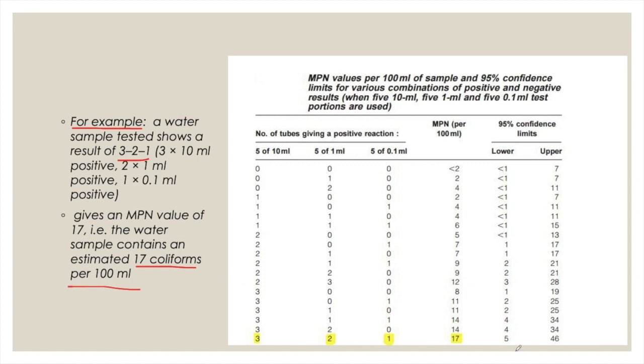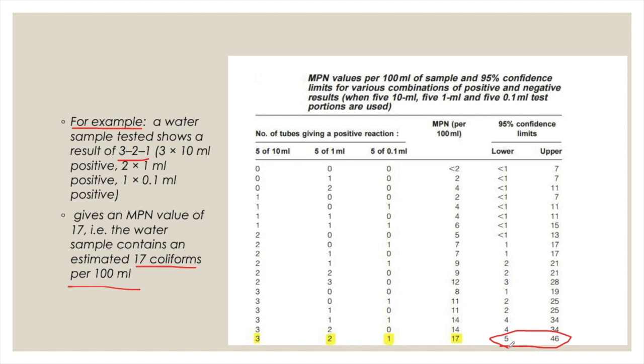And there is one more thing that we should observe here. This is the 95% confidence limit. This MPN number is not the exact value, and if we want to be 95% confident, then for this sample, that is for the 3 2 1 result, the MPN value should lie between 5 and 46.